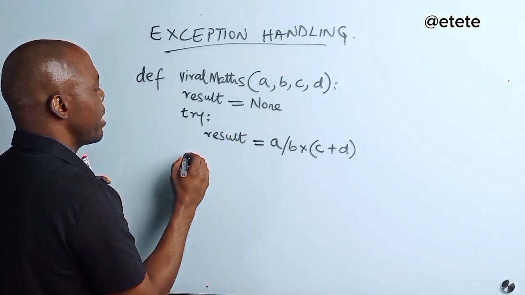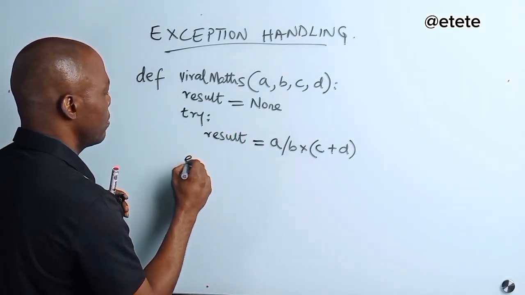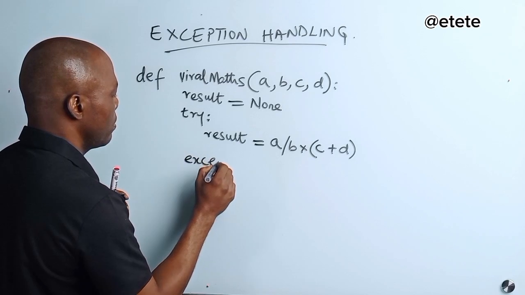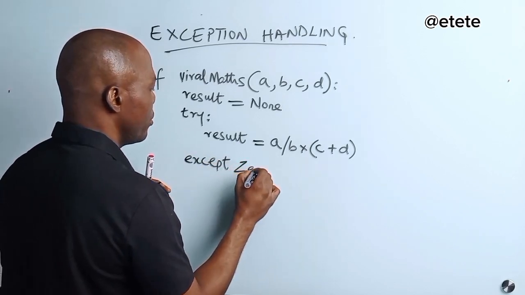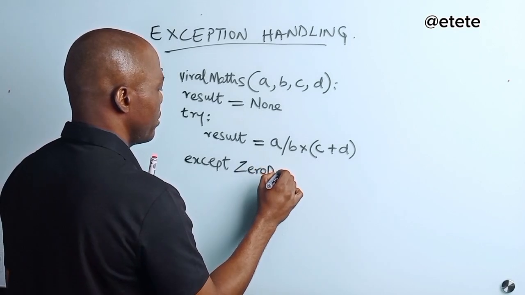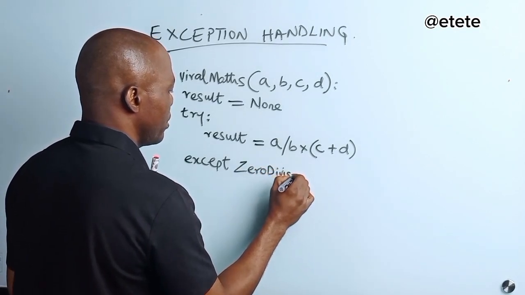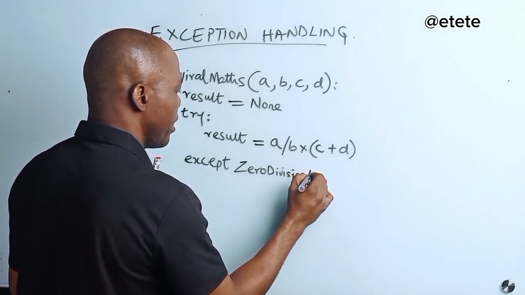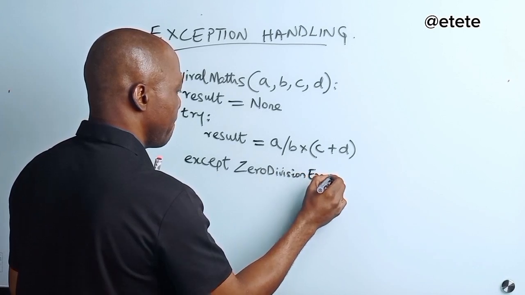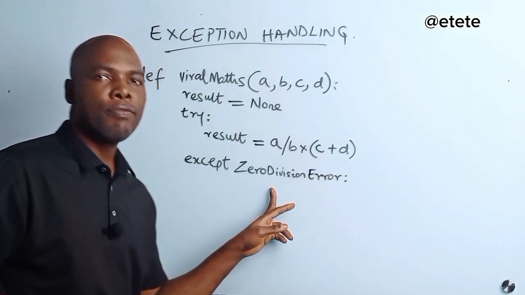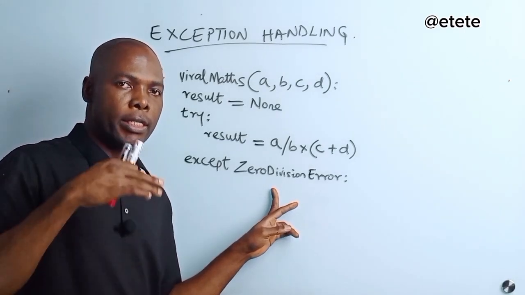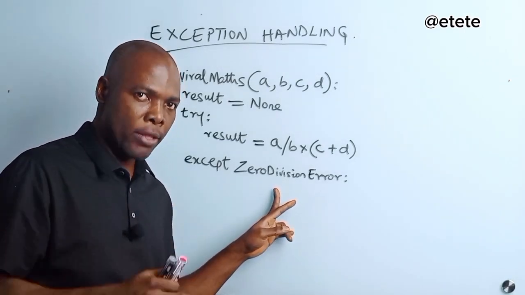Then I will now come here and I will say except ZeroDivisionError, right? Now, this ZeroDivisionError is a built-in error in Python.